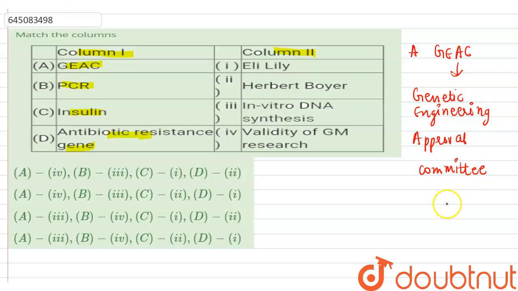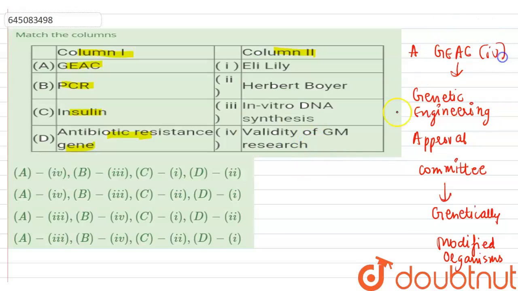The committee has set certain rules and guidelines for the approval of GMOs, genetically modified organisms, and this committee basically checks the validity of genetically modified research to test the genetically modified organism products before release in the market, and to control the use of GMO crops in fields without harm to the environment. So the correct option for A is fourth, validity of GM research.